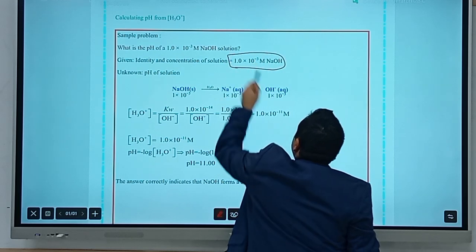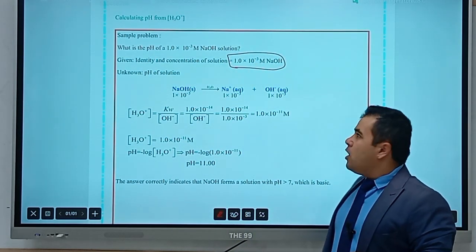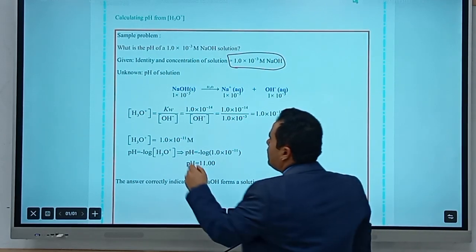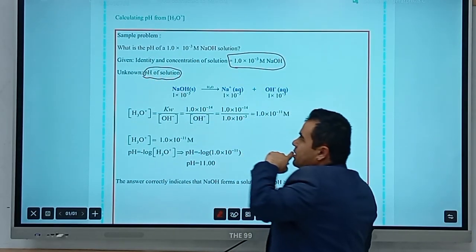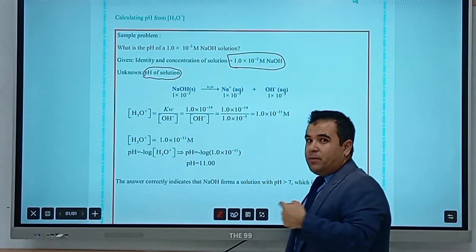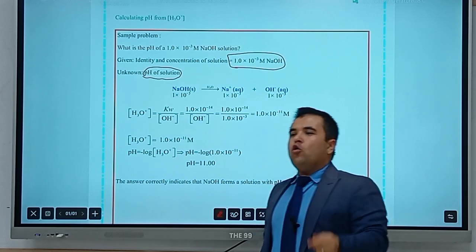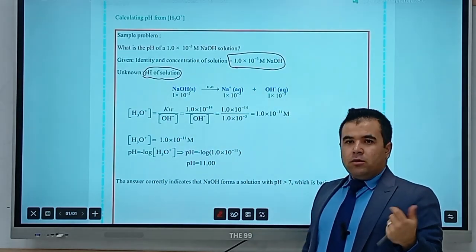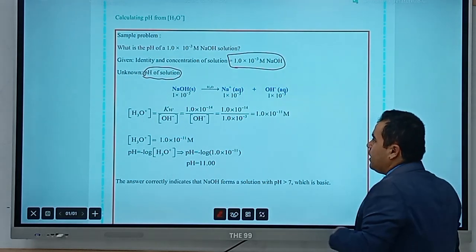In this question, the given quantity is the concentration of sodium hydroxide, which is 1×10⁻³. The unknown quantity is the pH of the solution. How to calculate the pH? Of course, we can calculate pH through the hydronium or through the pOH. So both possibilities can be done.